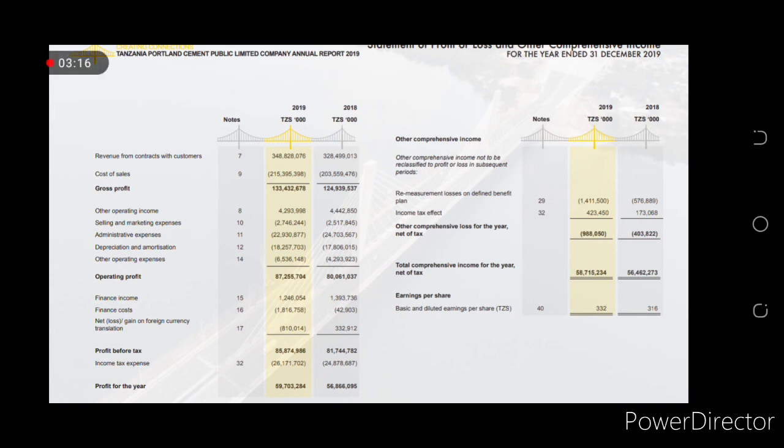Then there's other comprehensive income, marketing and selling expenses, administrative expenses, and depreciation and amortization. Now, amortization is basically the decrease in value of an asset over a specific time period. Let's say there's a certain non-current asset that you expect to hold for more than 1 year, and they're usually intangible in nature.